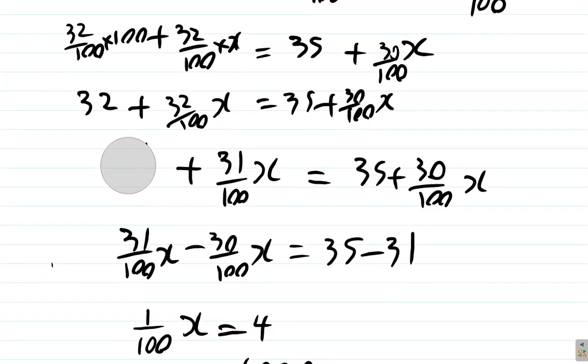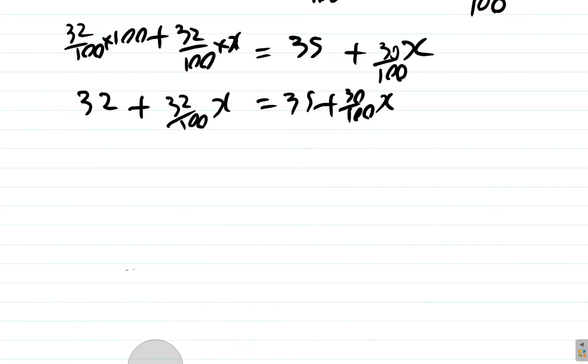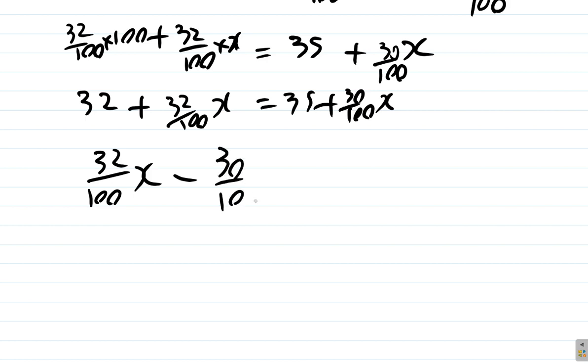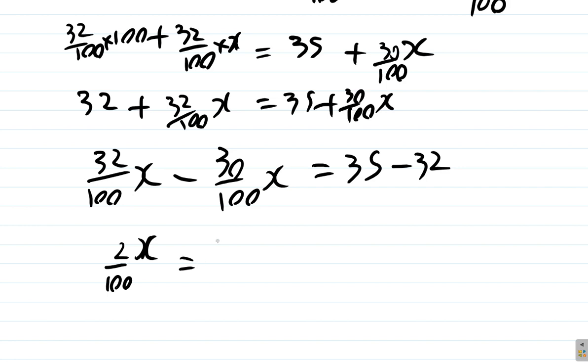Let's work that out. Let's erase these things from the previous work, then work these out. If you subtract 30% x from both sides, equals 35, and you subtract 32 from both sides, what do you get? 32% minus 30% is 2%, which is 2 out of 100, x equals 3.